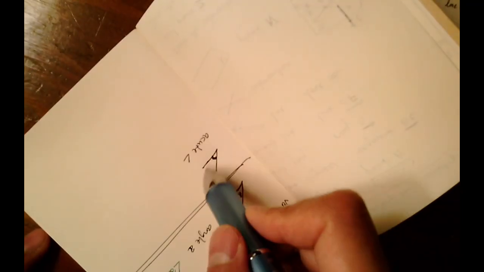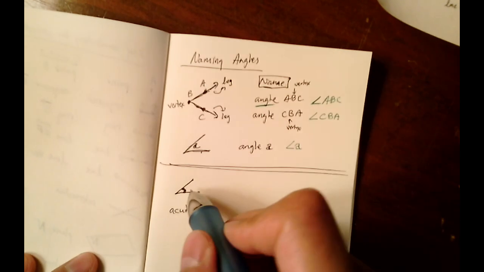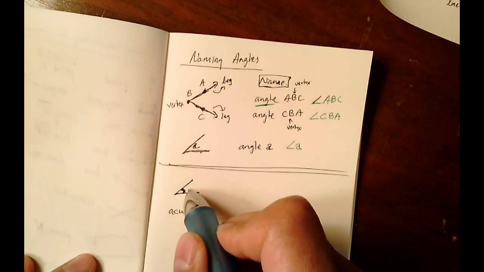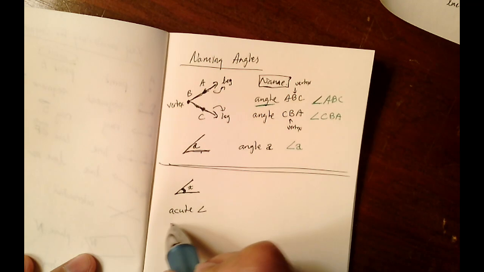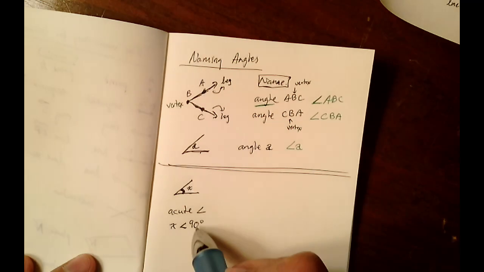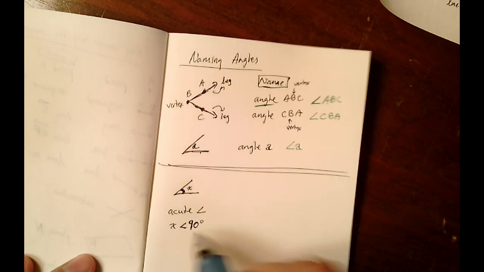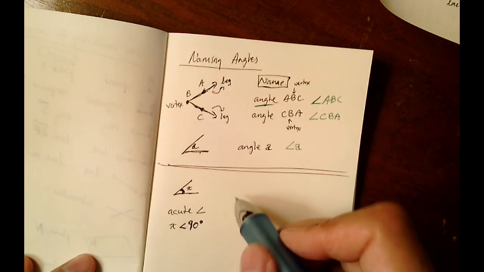The way to remember it is it kind of makes an A, so if we turn it upside down, it looks like that A. That's how I like to think of an acute angle. And what are the rules of an acute angle? We'll call this angle x, lowercase x, and angle x is going to be less than 90 degrees. Maybe I'll remove the degree sign so it's not confusing with the zeros.